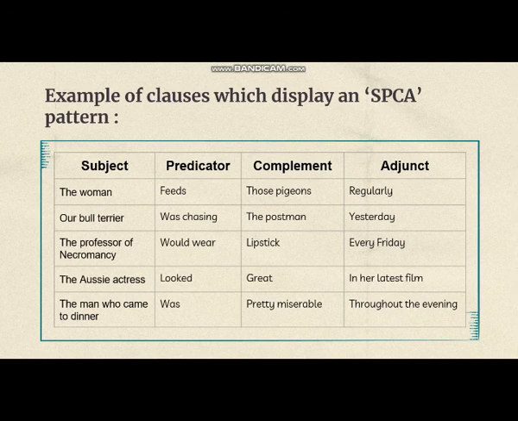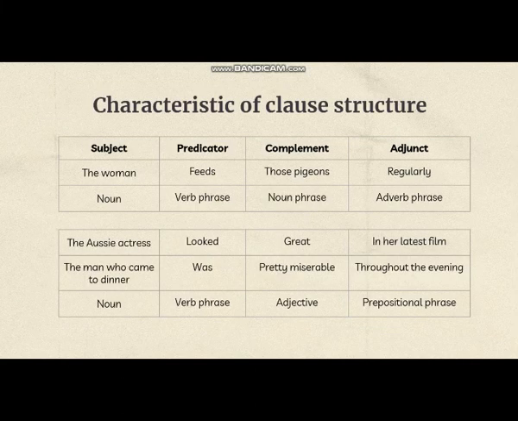For our purpose, we can distinguish four basic elements of clause structure. There are subject, predicator, complement, and adjunct. And here I provide you 5 examples that we will use for the further discussion. Indeed, it is a defining characteristic of clause structure that its four basic elements are typically realized by a certain type of phrase.